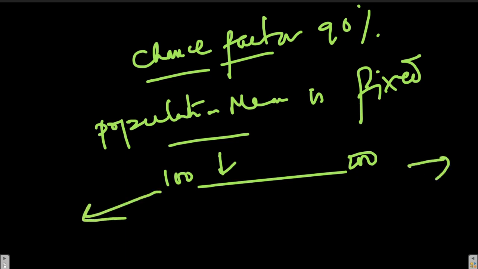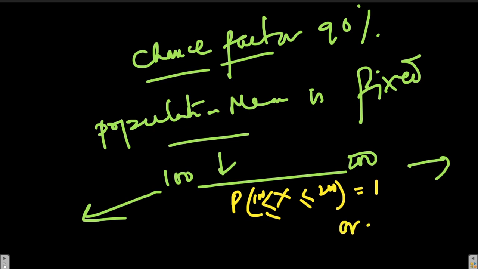So the probability of the population mean to be within 100 and 200 is equal to 1 here, or is equal to 0. Okay, so only two possibilities. It is either 1 or 0, because there cannot be a chance factor attached to something which is fixed, right?